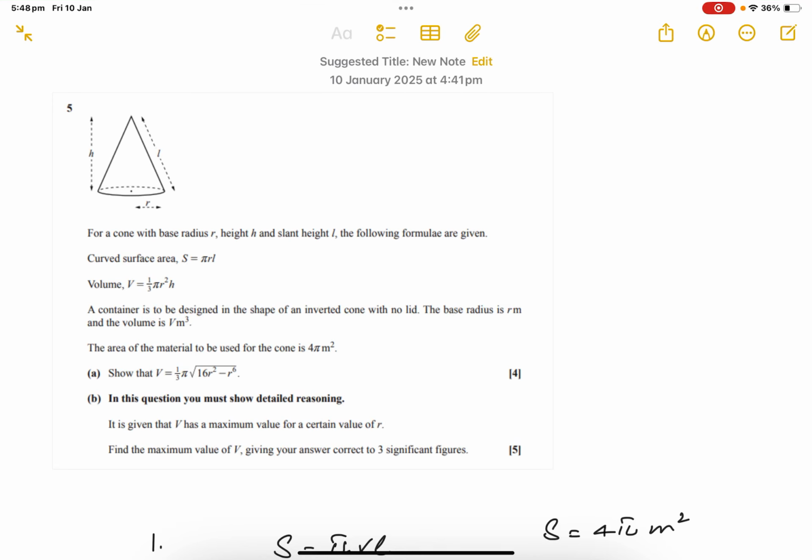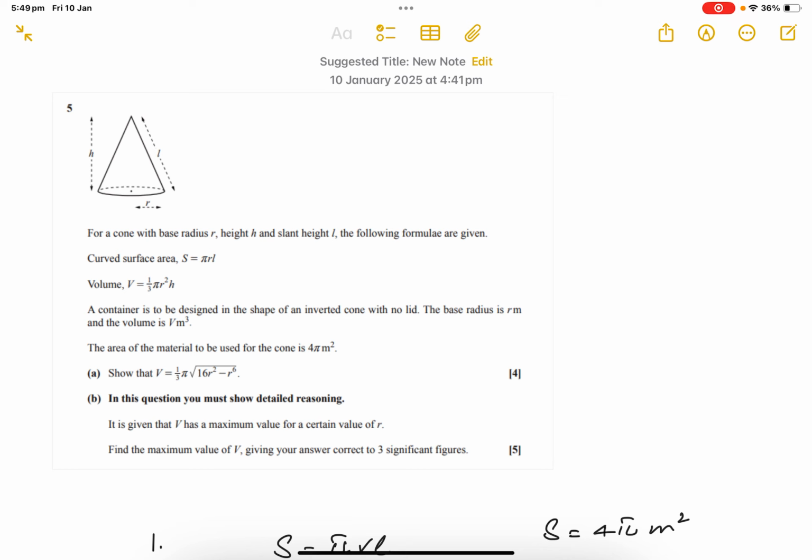Another past question. This question is more into algebra and a bit of differentiation. There's a diagram given. For a cone with a base radius r, the height h, and slant height l, the following formulas are given.